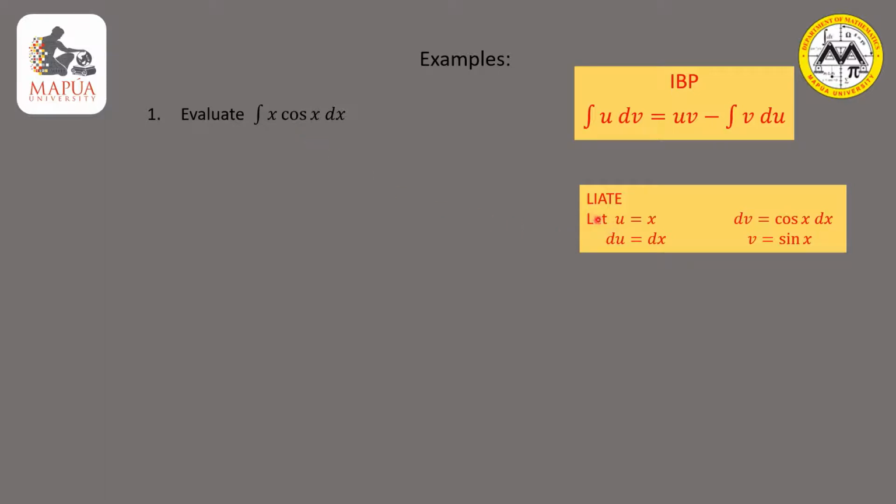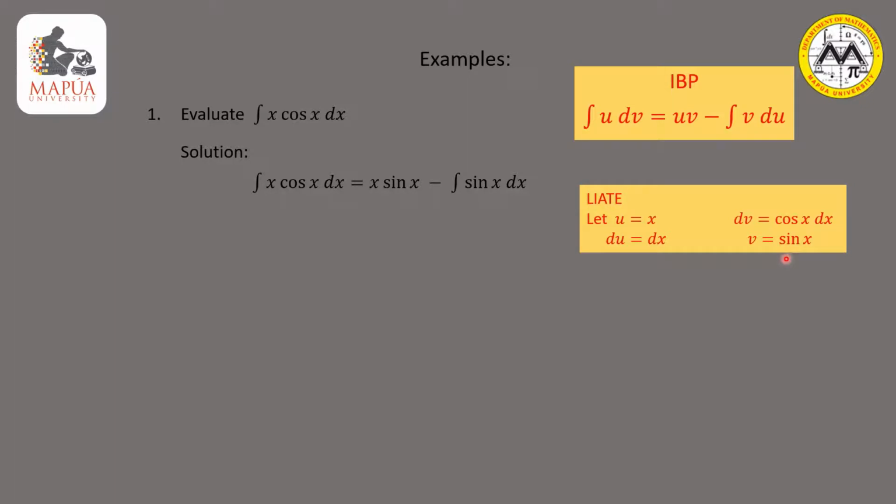The algebraic function has priority over the trigonometric function to be assigned as u. Therefore, u is assigned x, then the differential du will just be equal to dx. The other factor with dx will constitute dv, hence dv is cosine x dx, and the integral of this giving us v is just equal to sine of x.